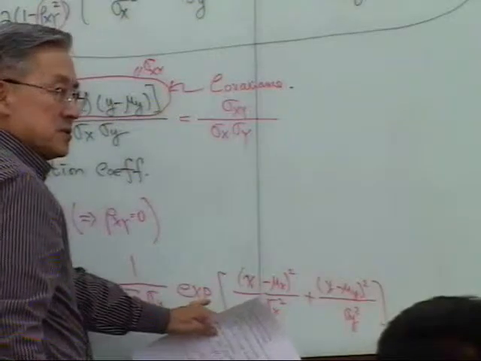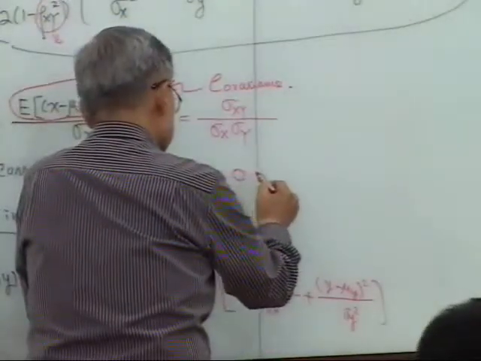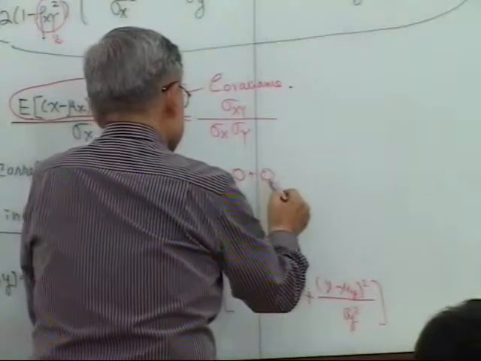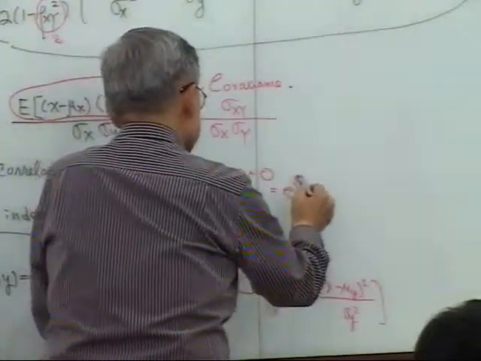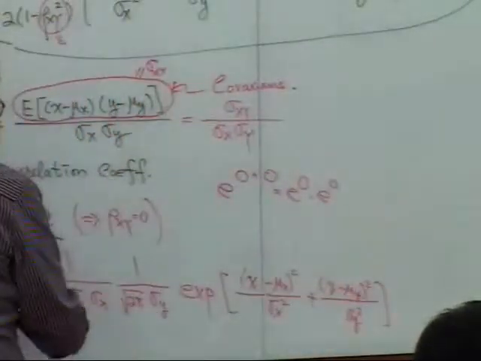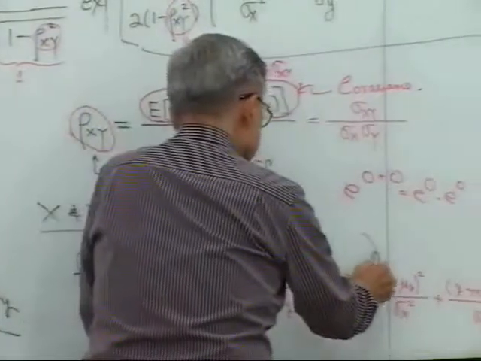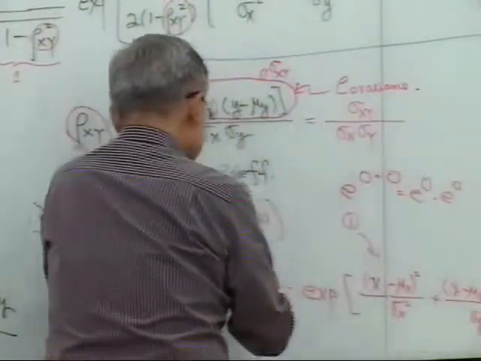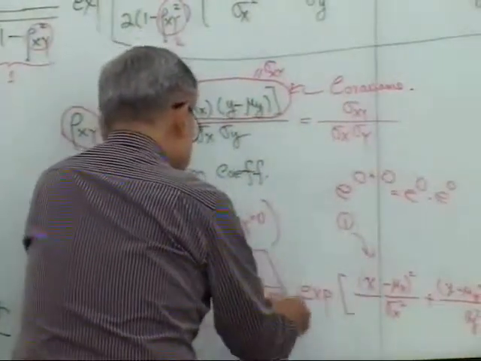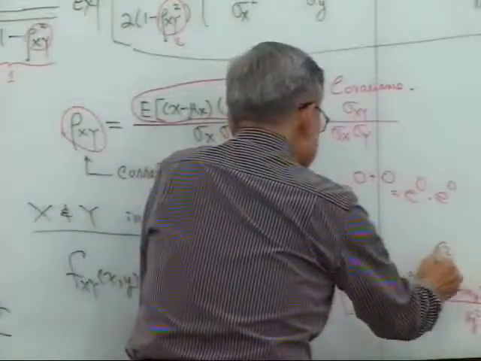This is exponential: e to the something plus something is equal to e to the something times e to the something. Then I can associate this with the first one, and the second term with this.